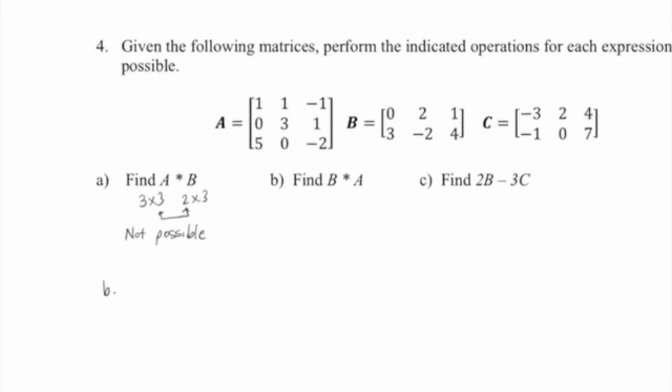Now for part B, we're going to do matrix B times matrix A. Well, I guess we should check first. Matrix B is a 2 by 3, and matrix A is a 3 by 3. So the inside numbers there, they match.